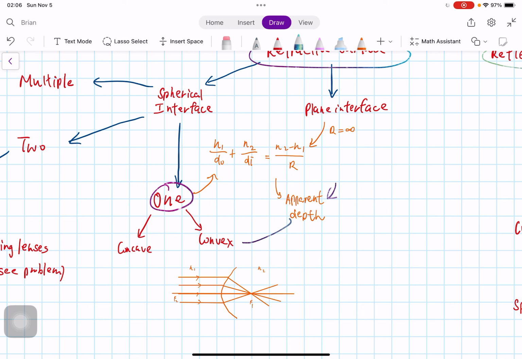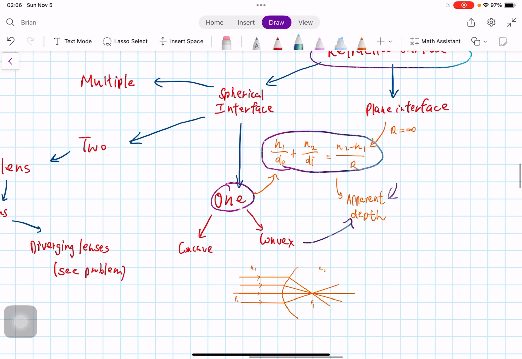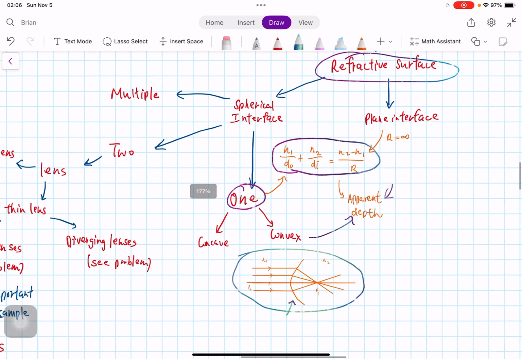And we're also looking at the apparent depth by this equation. When we consider that R is infinity, that means the spherical interface is essentially a plane interface. And that explains why we could look at plane interface with this equation when we assume R is equal to infinity. And this is a little diagram, and in this diagram, this thing is convex.